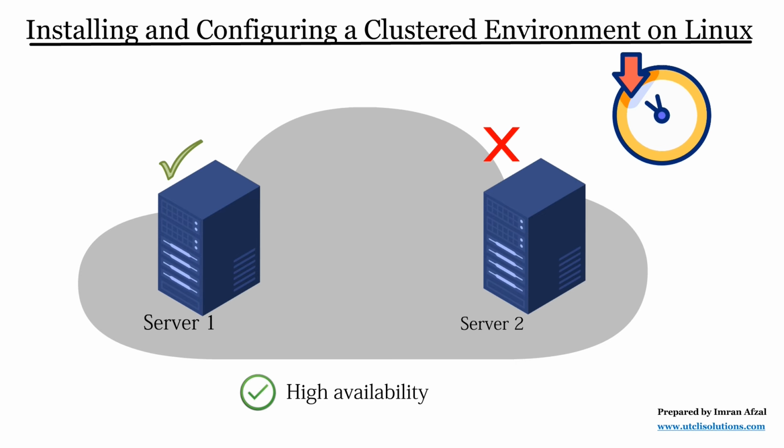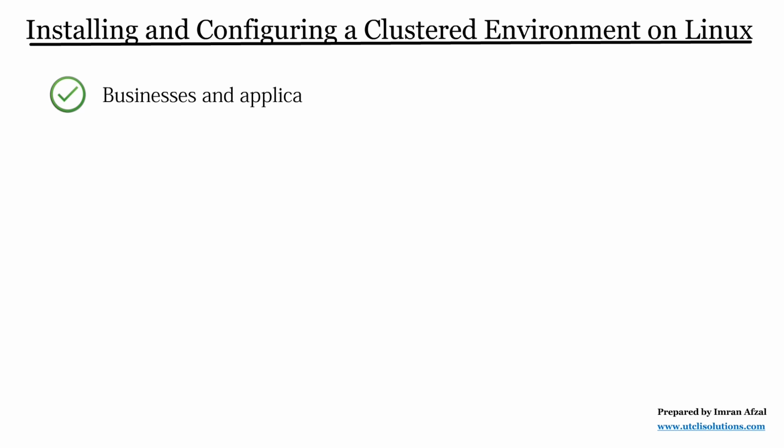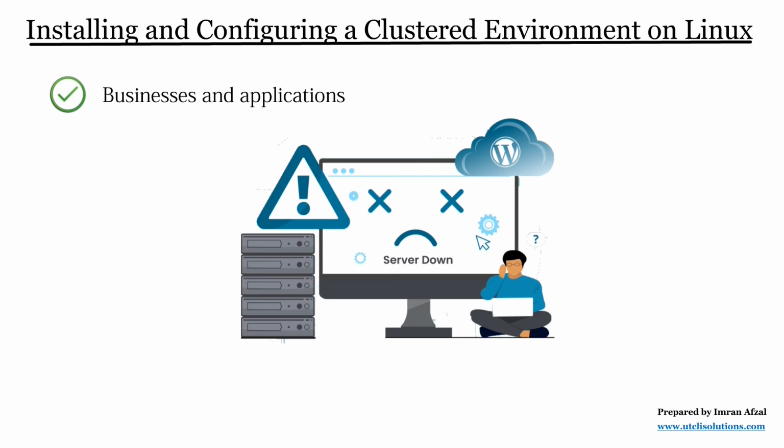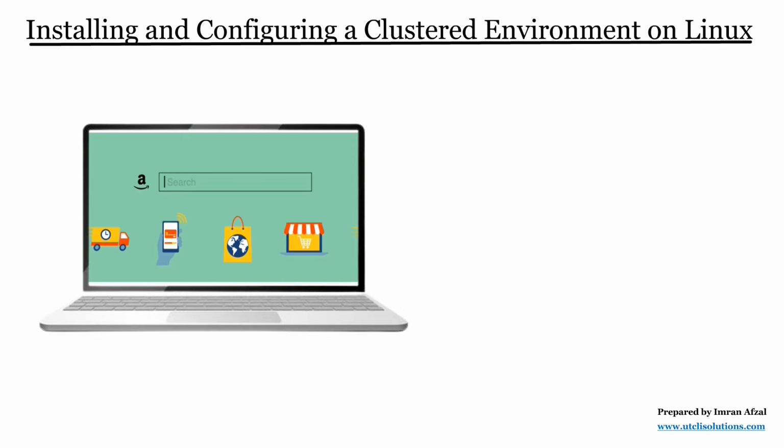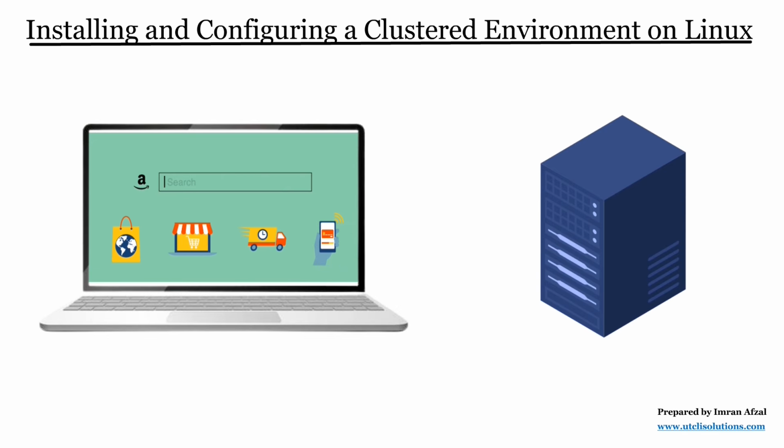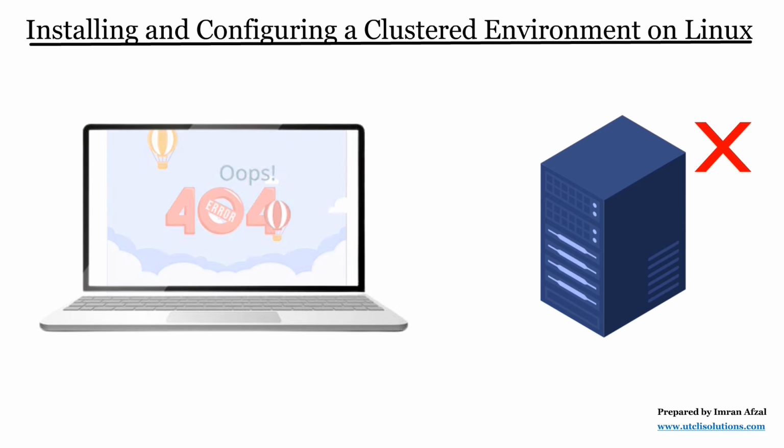We need this because in many businesses and applications, stopping a website, database, or service even for a few minutes can cause big losses. For example, if an online shopping website like Amazon runs on one server, if that server crashes, the whole site goes offline.